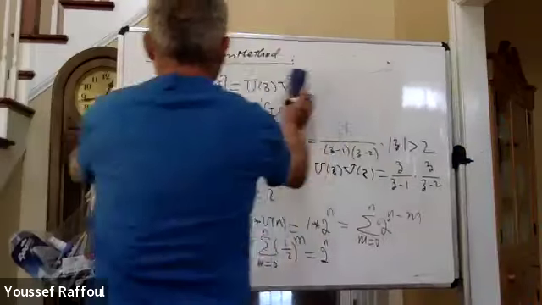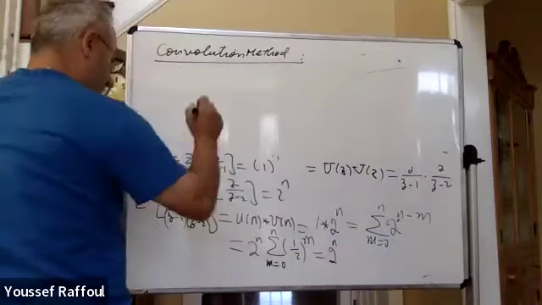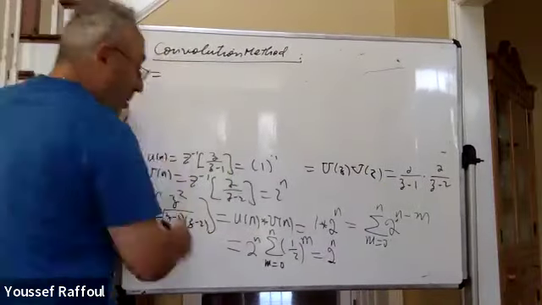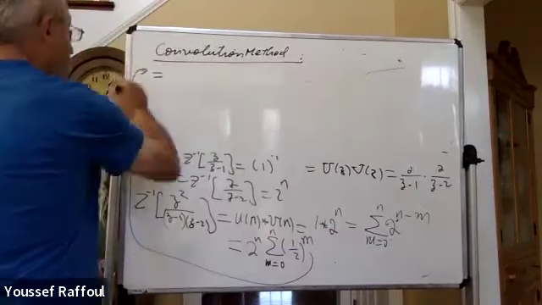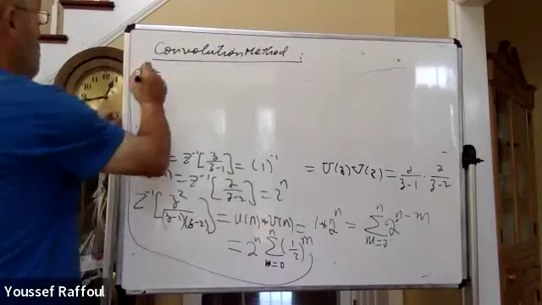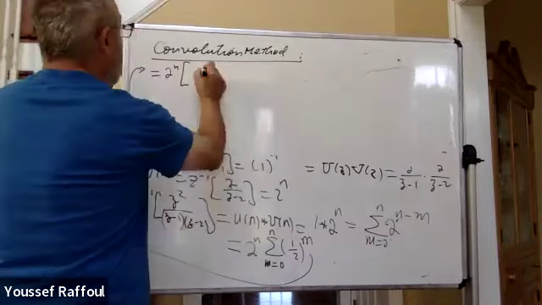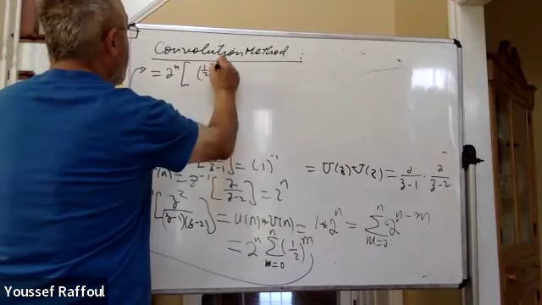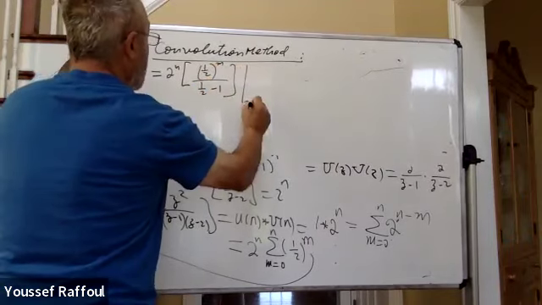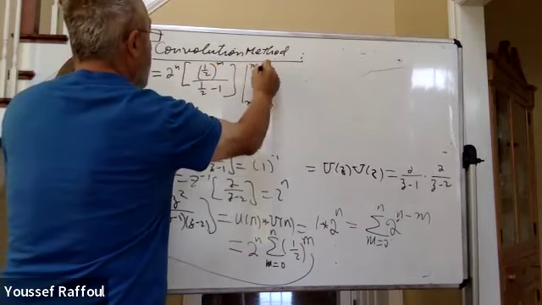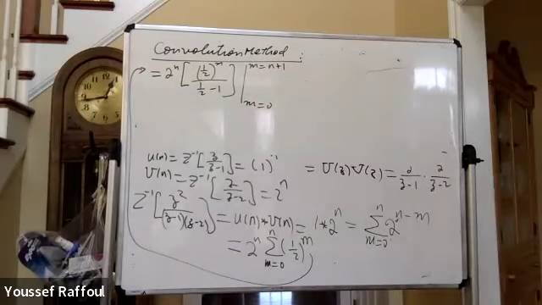So this is 2 to the n. Let me do the calculation here. It is equal to, going from here to here, 2 to the n times (1/2) to the power n plus 1 minus 1 over 1/2 minus 1, summing from m equals 0 to n.